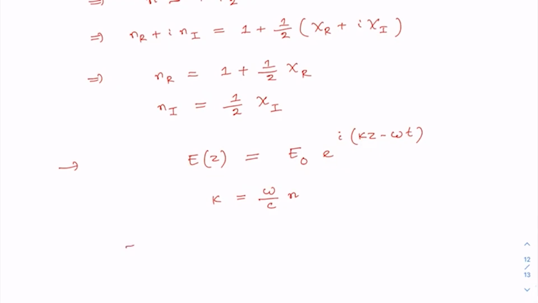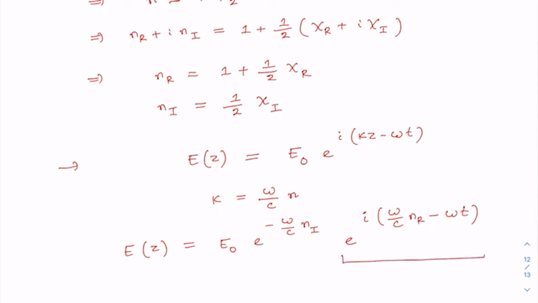Because the refractive index is a complex quantity, I can write E0 e to the power minus omega by c times the imaginary part of the refractive index, then the propagation part, e to the power i into omega by c times the real part of the refractive index, minus omega t. So this part represents the propagating part and this represents the amplitude.